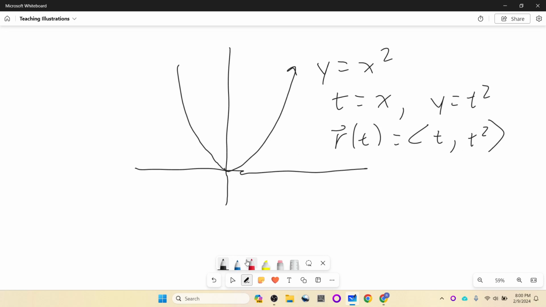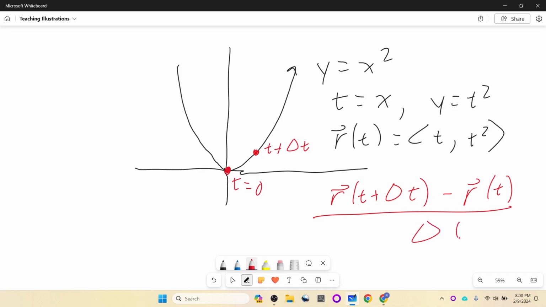And now, let's see what that would give us. So, let's take the point 0. So here's t equals 0. And then we'll say t plus delta t. So, t plus delta t can be over here. Now, the difference quotient was r of t plus delta t minus r of t all over delta t.